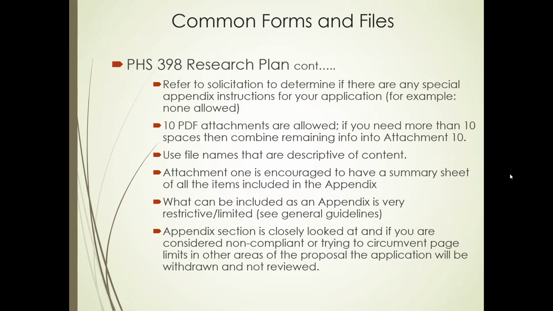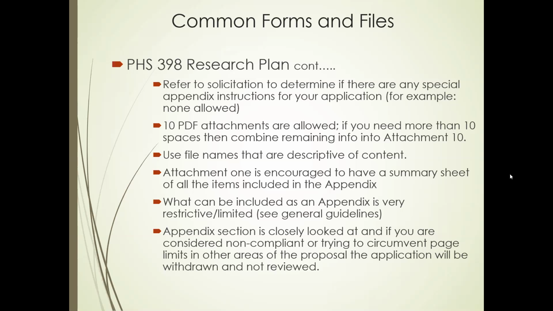So some other information about the research plan. Make sure you look at the solicitation to see if it has special restrictions on the appendix, because this is very common, and they'll usually say that none are allowed. If they do allow them, usually you're limited to 10 PDF attachments.